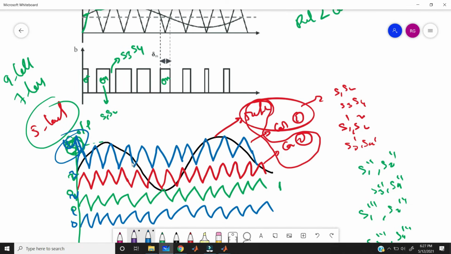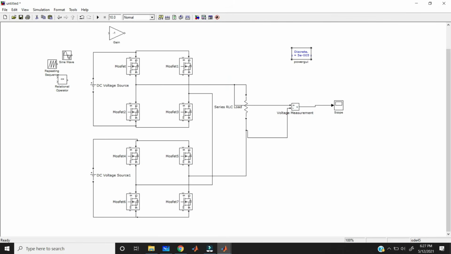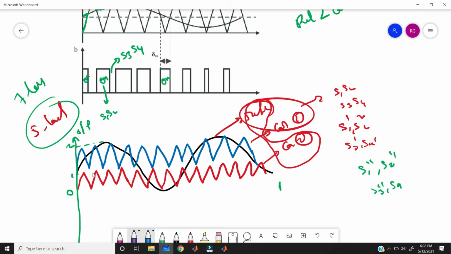First of all, take a reference wave and a carrier wave. These two waves are given to the relational operator. Here the thing is giving the values to this sine wave. This is the 5 level inverter pulse width modulation, so the amplitude of the sine wave is 0 to 2, with time 0 to 1.